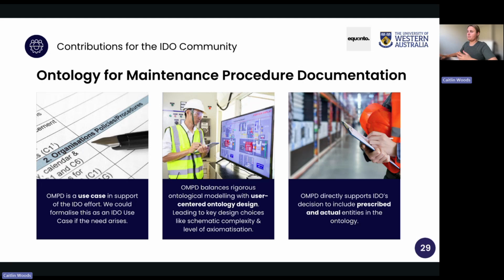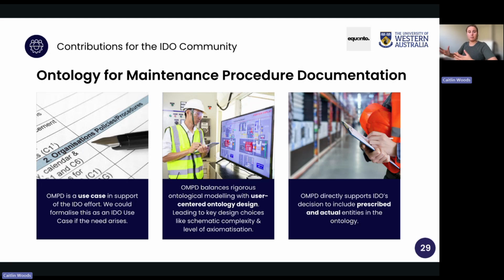The second benefit is that OMPD balances rigorous ontological modeling with user-centered ontology design. So we really considered the end users of this data and what their needs were when designing the concepts in this ontology. This led to key design choices such as how to simplify the schematic complexity and how many axioms we really need in the ontology.